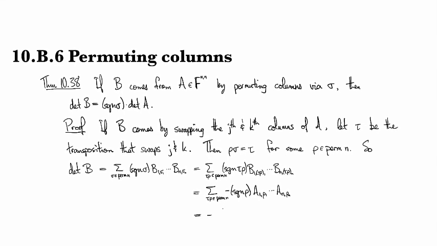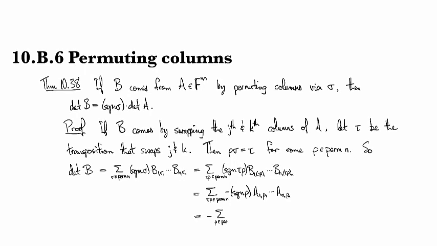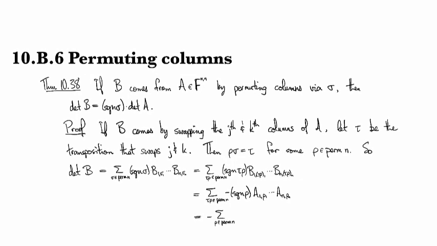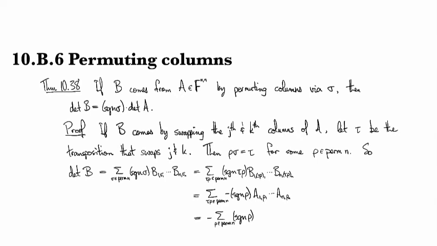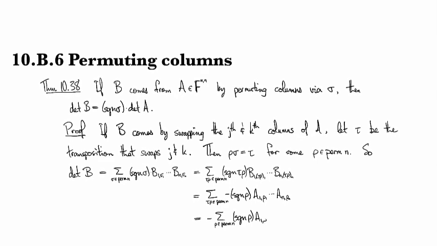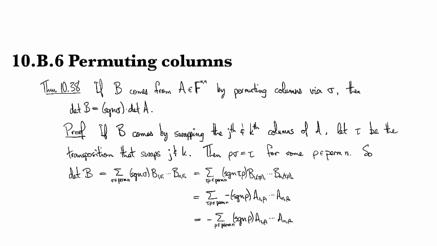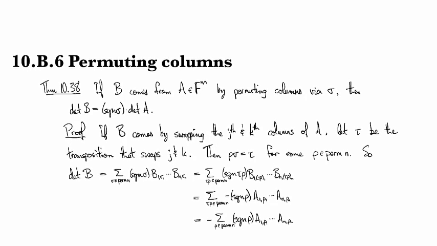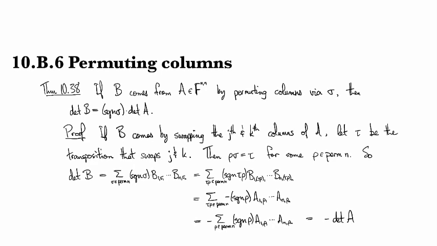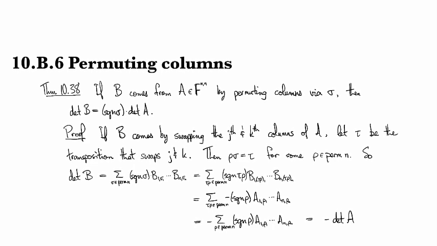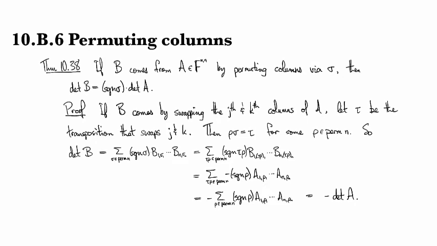So I'll pull the minus sign out in front and just call it rho. And then this last thing that we have is the negative of the definition of the determinant of A, right? So that gets us one transposition.